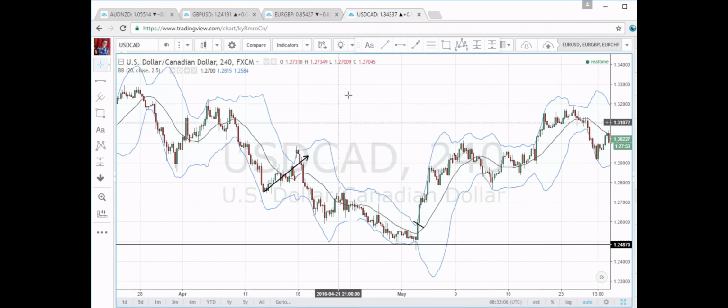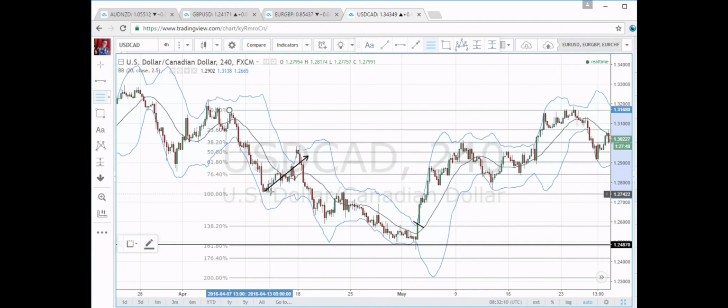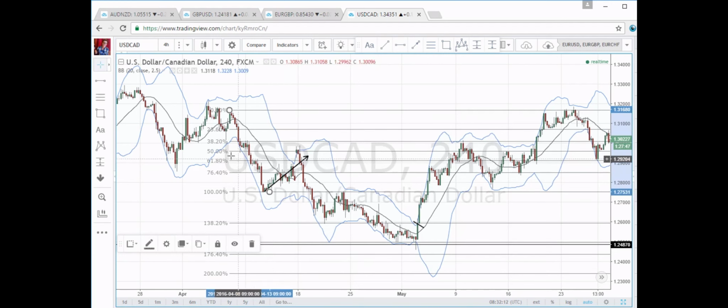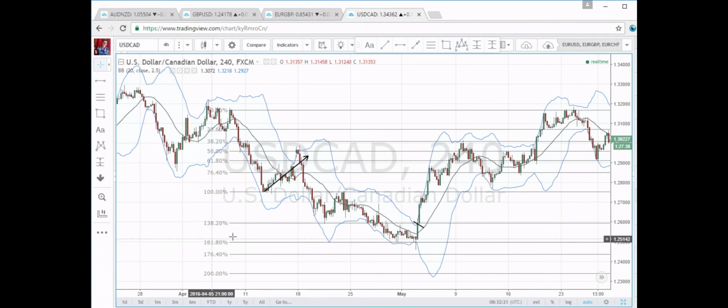Let's see if we can get a Fibonacci in this case. So here's the origin, here's the B point, the C is very nicely at the 50, then we have the confluence here at the 161, which is right where we then find support, so that is a good additional confluence factor.